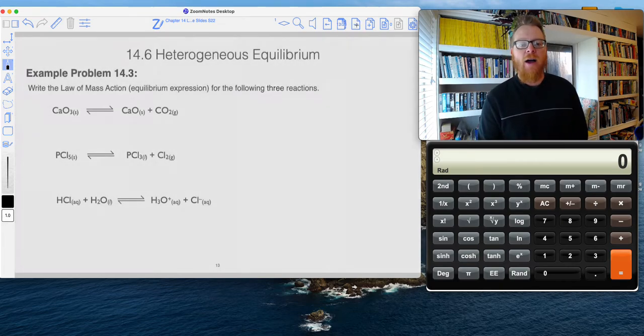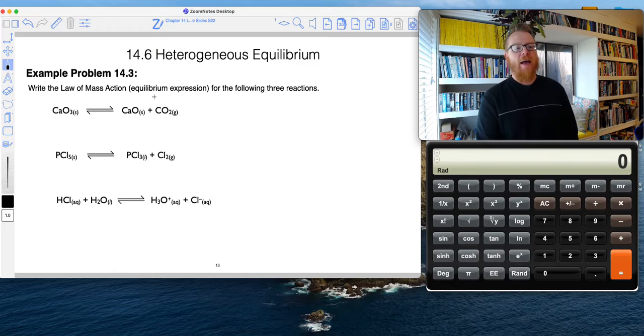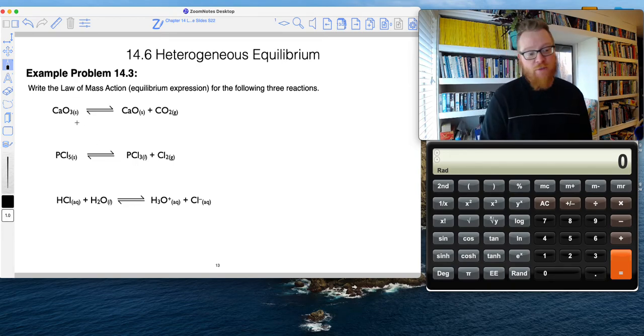So let's do a couple of examples. Write the law of mass action, or equilibrium expression, for the following three reactions. Admittedly, some of these look kind of goofy. For this very first example, with CaCO3 reacting to form CaO and CO2, notice that we've got solids and a gas.